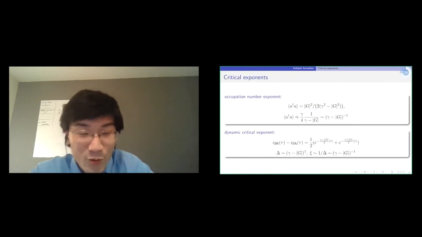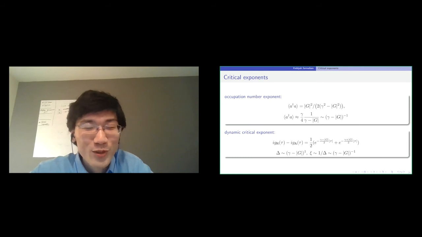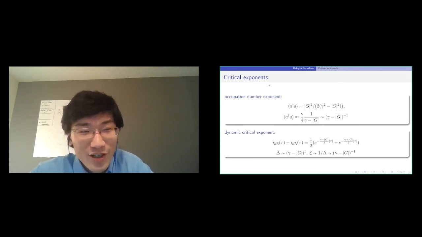Now, one more thing. In this thermodynamic limit, we can always calculate the critical exponents using the exact expression, for example, for the occupation number and also for the correlations.